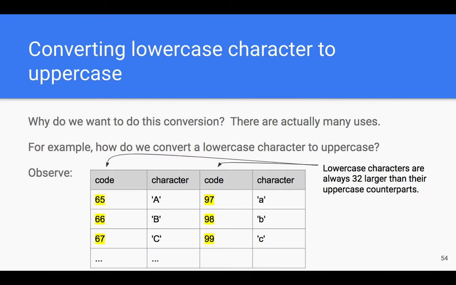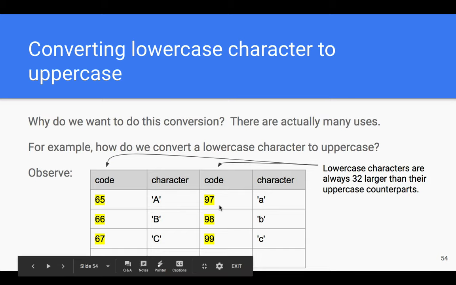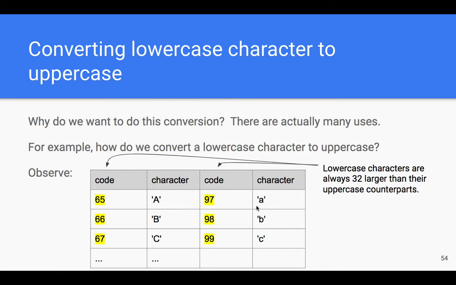So what do you really need? The important ingredient to this kind of puzzle is that the ASCII code for the lowercase characters, such as small a, is always 32 larger than their uppercase equivalents.